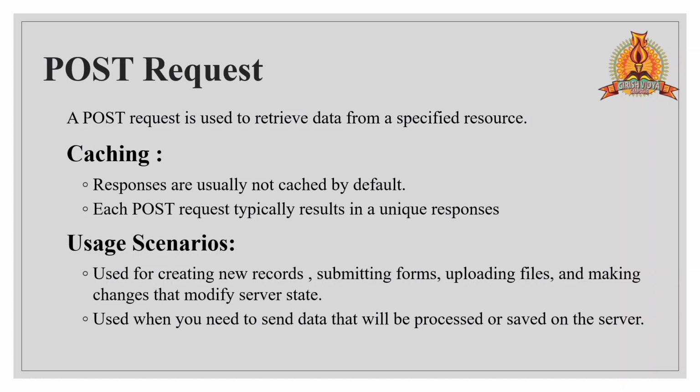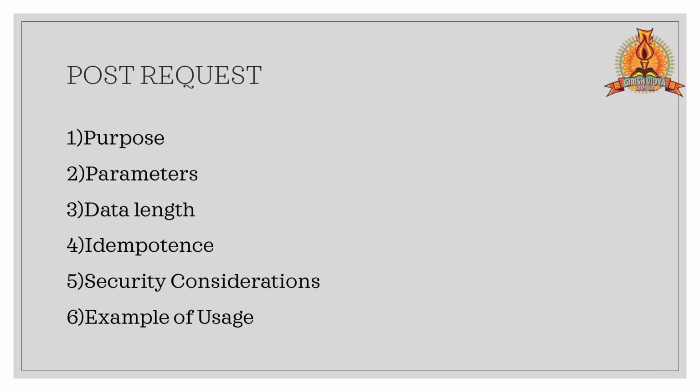And uploading files, any new files I need to upload, will be stored on the server side. If I make any changes, those changes will be stored in the server state. It is used when you need to send data that will be processed or saved on the server side.